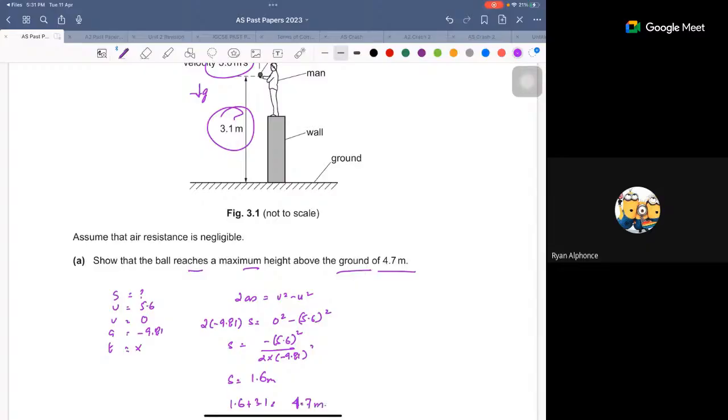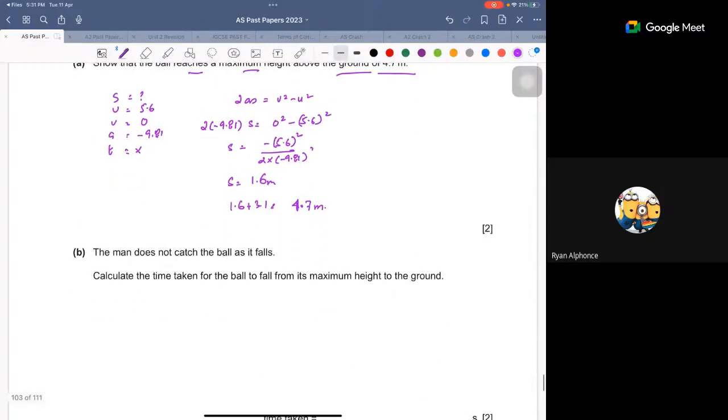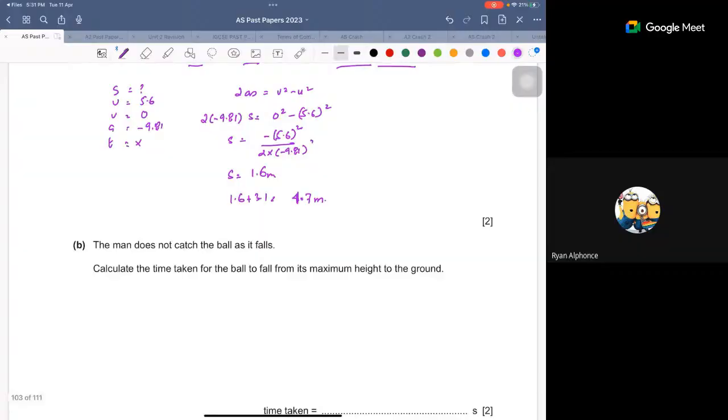Okay, all right, good. Now the man does not catch the ball as it falls. Calculate the time taken for the ball to fall from maximum height to the ground. Now we have the height, so we're going to use SUVAT again. So you have the height as 4.7. Initial velocity will be 0 from the top because it has just started to fall. Final velocity is not given, right?